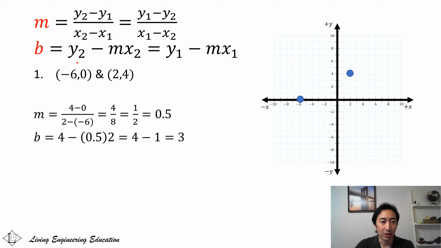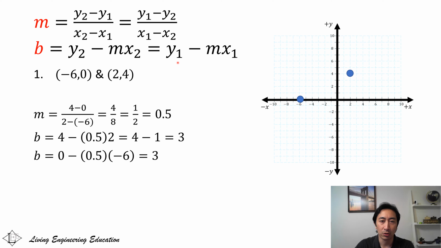Then I can solve for the y-intercept. I'm going to use this equation first. So y2, that's 4, minus m, the slope, which I just solved for, is 1/2, times x2, that's 2. So 4 minus 1/2 times 2; 1/2 times 2 is 1, so 4 minus 1, that's 3. So that's using point 2 and the slope.